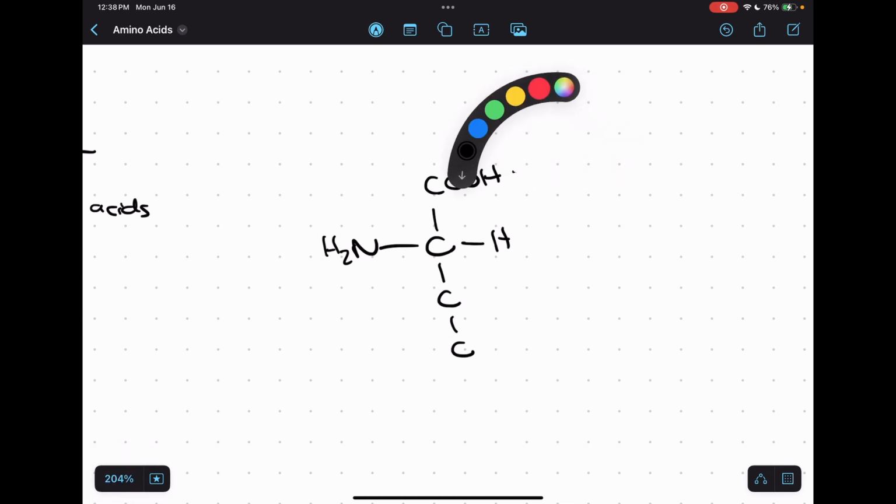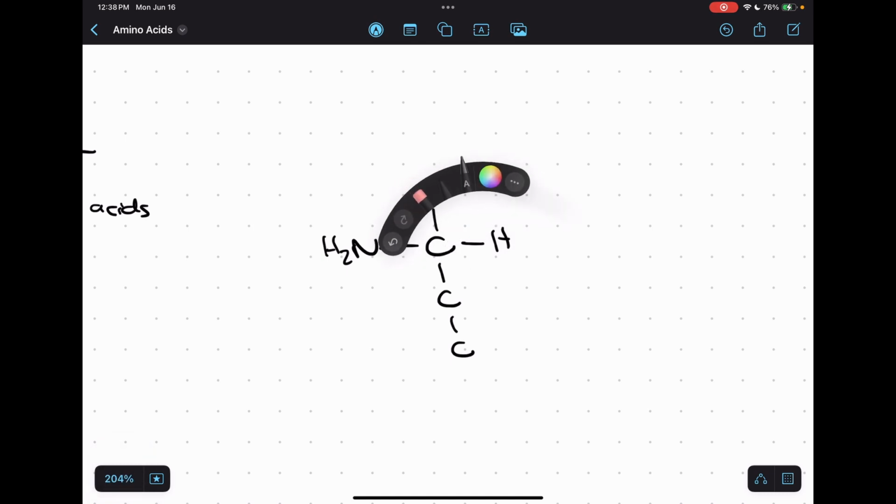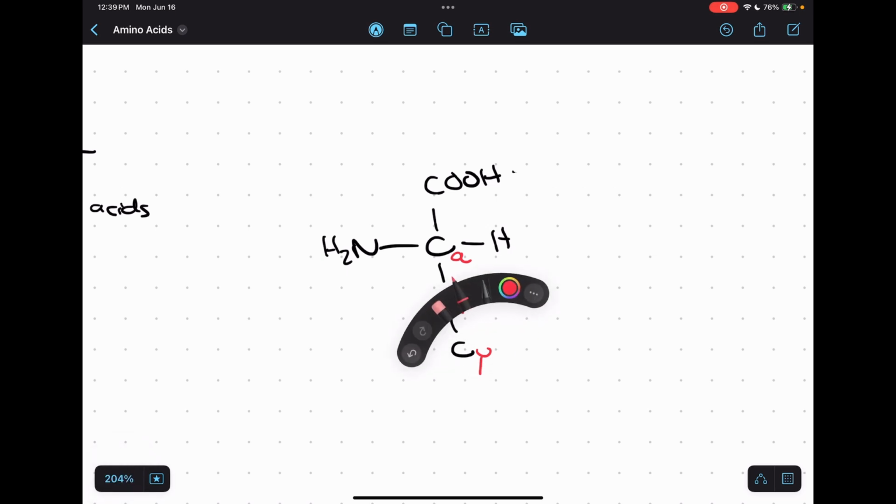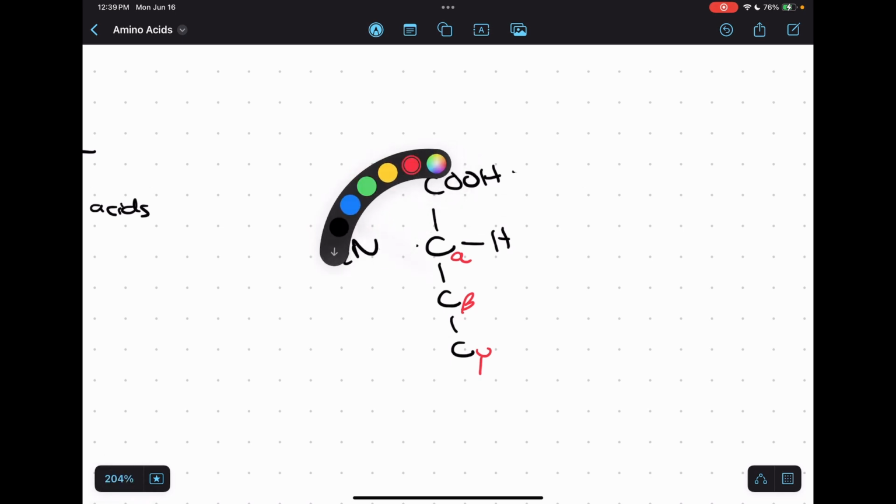We can notate which kinds of carbons we're looking at by adding a little subscript here. So we have the alpha carbon, the beta carbon, gamma carbon, and it can go all the way down. The amino group can also be attached to different carbons in this chain. Here it's attached to the alpha carbon, but it might actually be attached to, let's say, the beta carbon. So that would be a beta amino acid.